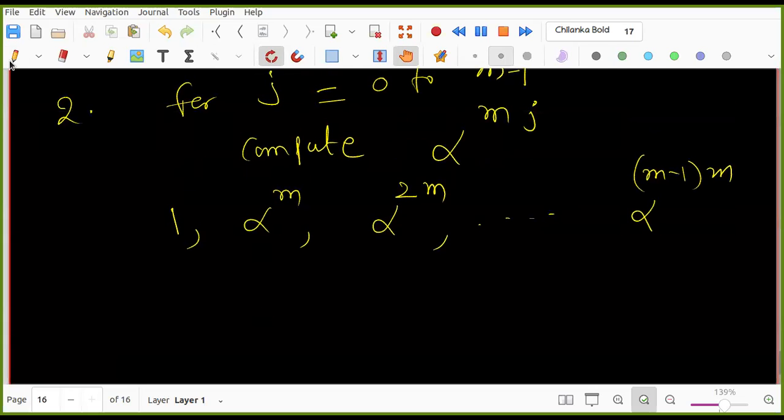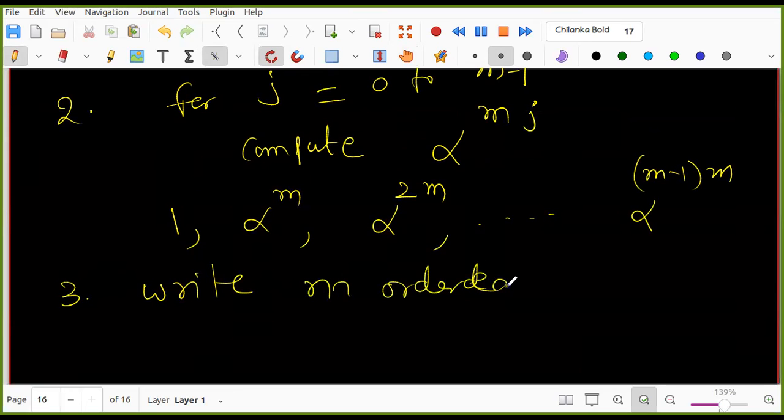And not only that, now write these m ordered pairs, j comma alpha power mj.